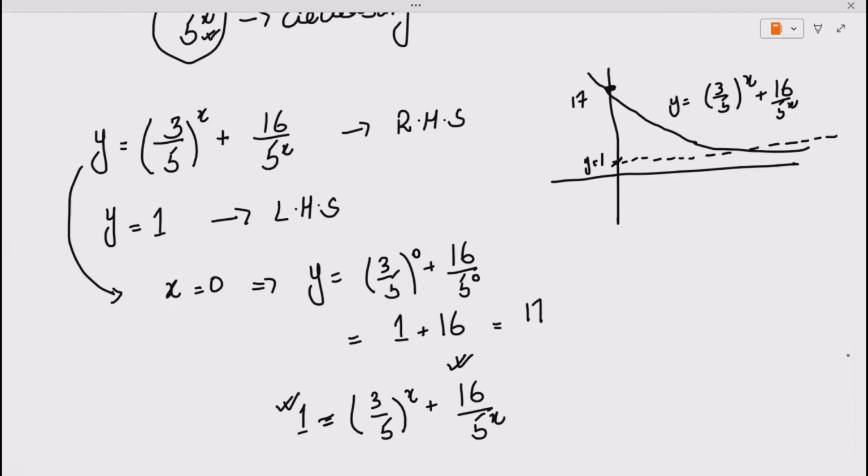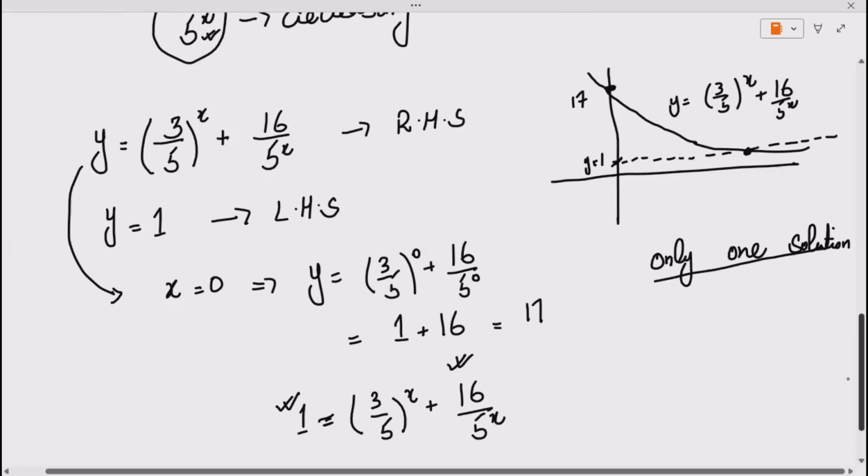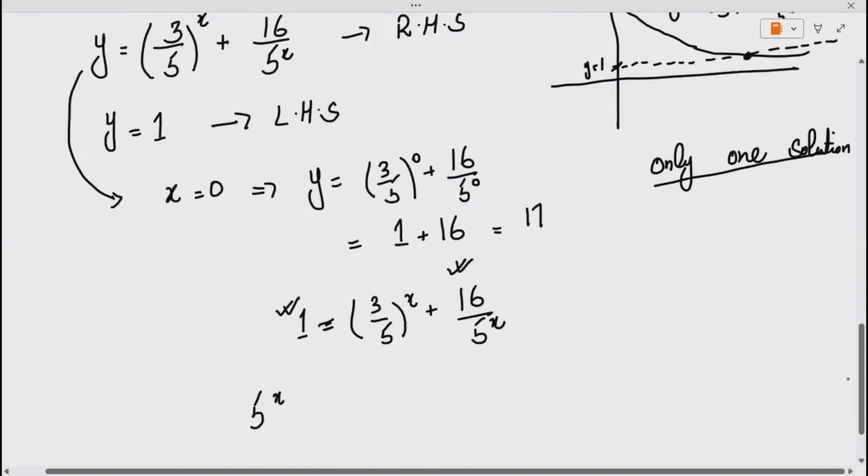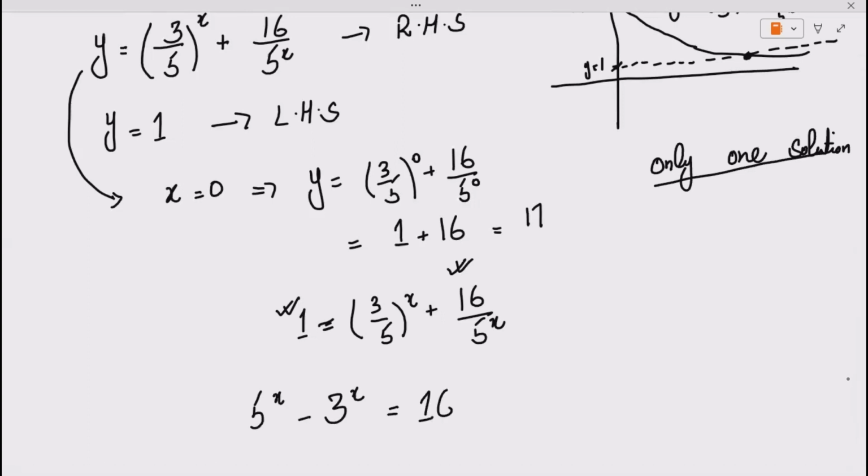This is the graph of the left hand side, y equals 1, and this is the graph of the right hand side. And both of them meet at only one point. So it means we have only one solution of the equation that we are given. So our equation 5 to the power x minus 3 to the power x equals 16 has only one solution.